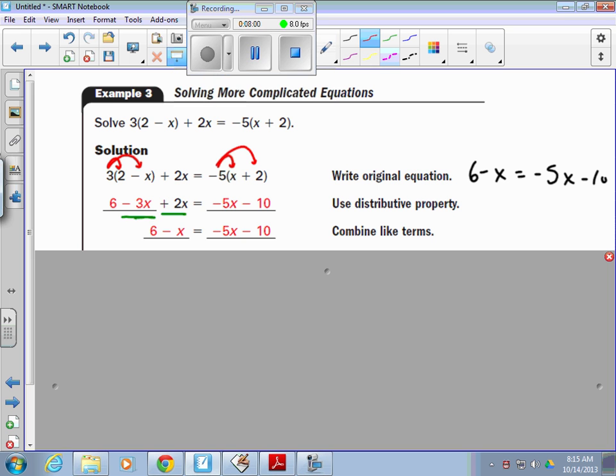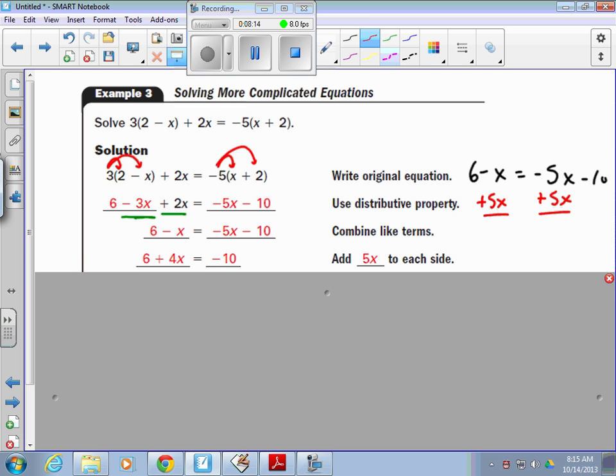You want to undo negative 5x by adding 5x to the right. If you add it to the right, you have to add 5x to the left. So that says negative 1x plus 5x leaves you with 4x on that left, a positive 4x. So now we have 6 plus 4x equals, these will cancel out, and it leaves you with negative 10.